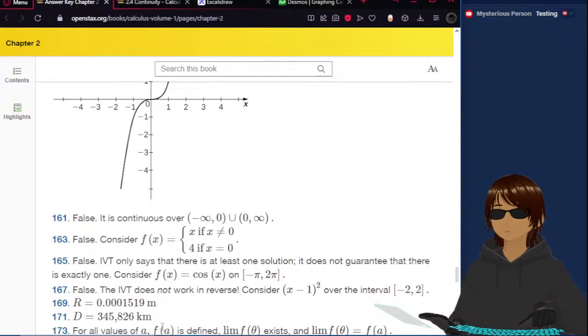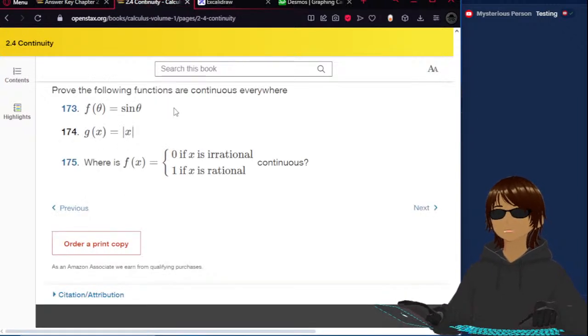For all values of a, f of a is defined and the limit exists, and the limit as theta approaches a is the same as f of a, whereas f of x is continuous. Where is it continuous?